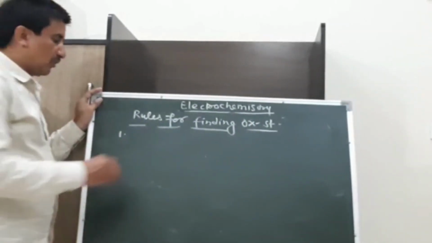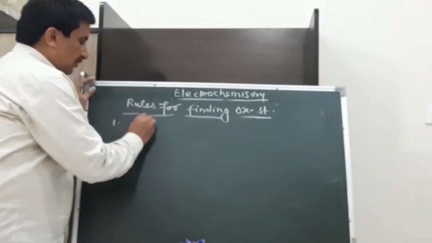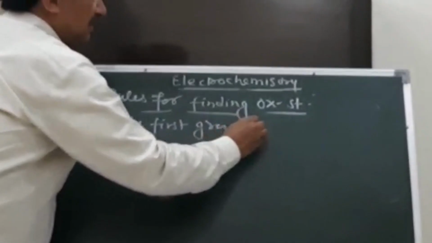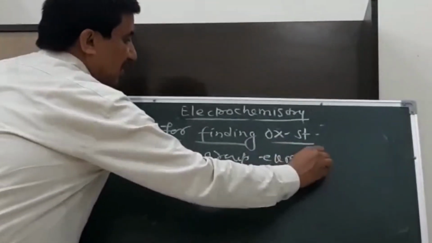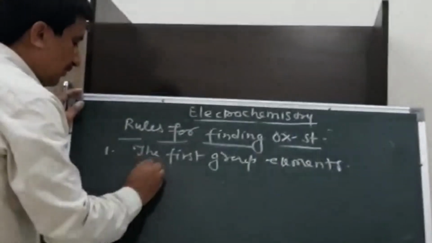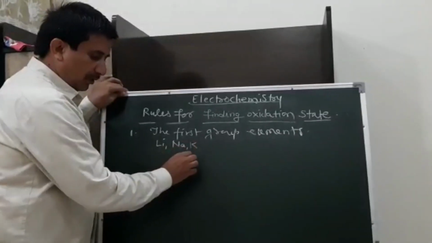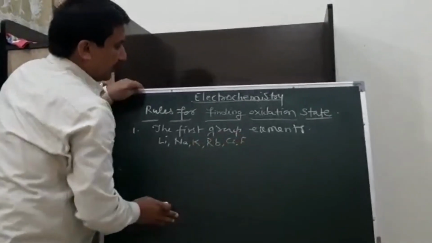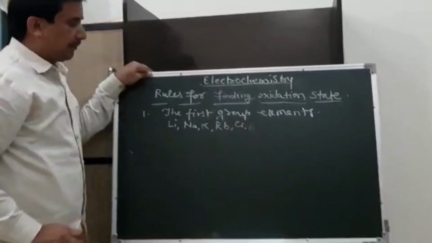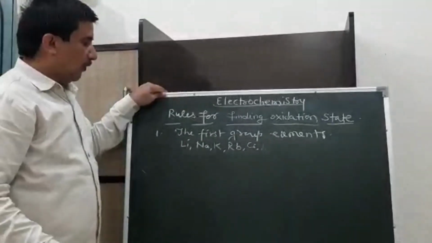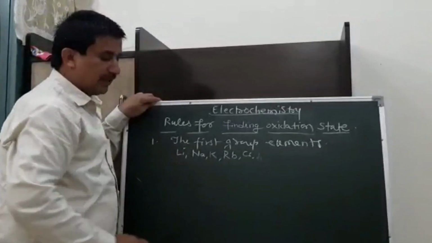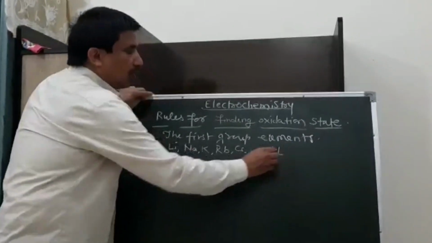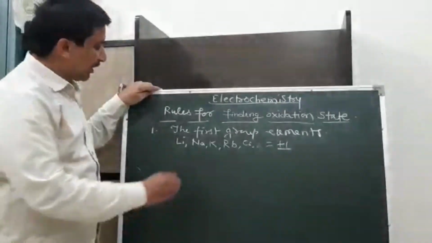The S block elements or the first group elements, which are lithium, sodium, potassium, rubidium, cesium, francium, but we don't take francium here, simply up to cesium we consider. All these elements belong to group 1 and they show oxidation number of +1, since they have one electron in their outermost shell.